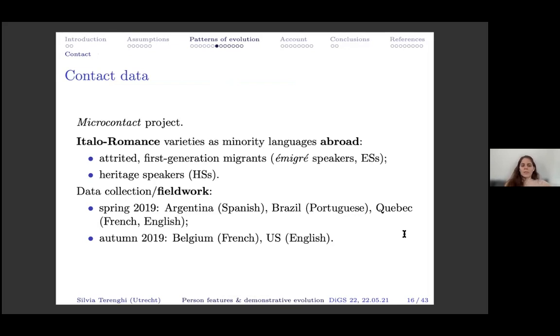In fact, my PhD research is embedded in a wider project, a microcontact project that explores syntactic change in contact. So my colleagues and I collected some contact data through fieldwork interviews with both attrited first-generation speakers and heritage speakers of Italo-Romance varieties spoken mostly in the Americas, but we also included Belgium at a later stage.